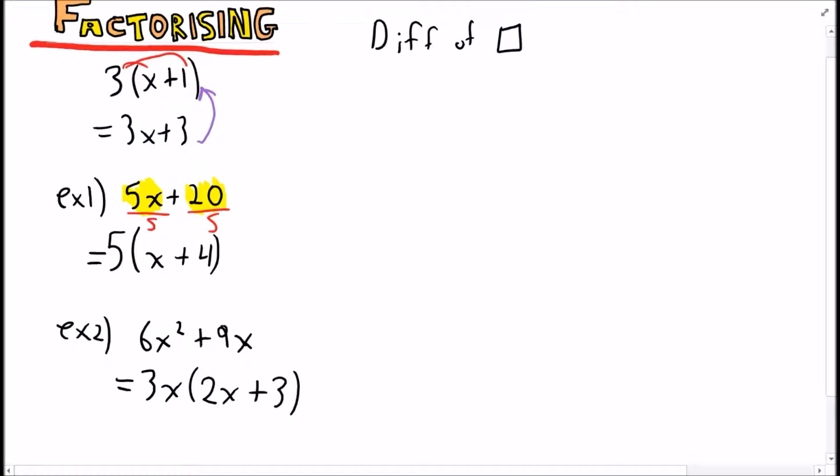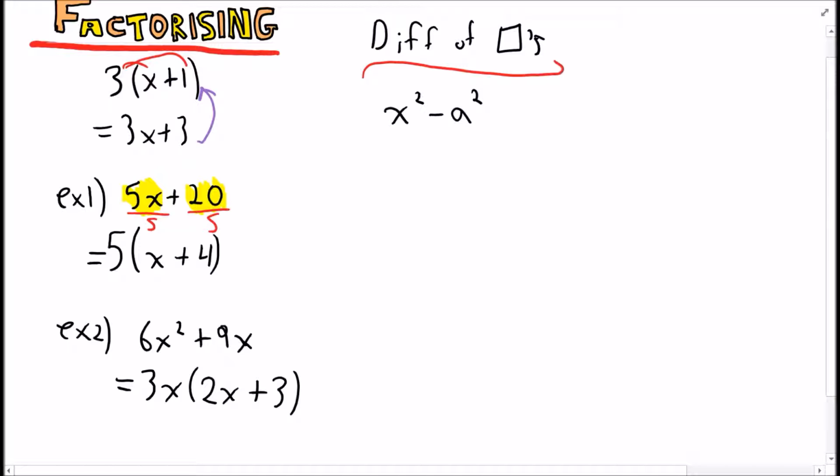I'll write it as short form, difference of squares. And for this type, the word difference means to subtract, and squares means to actually have the term squared. So if I had something like x squared minus a squared, I've got a difference of squares.